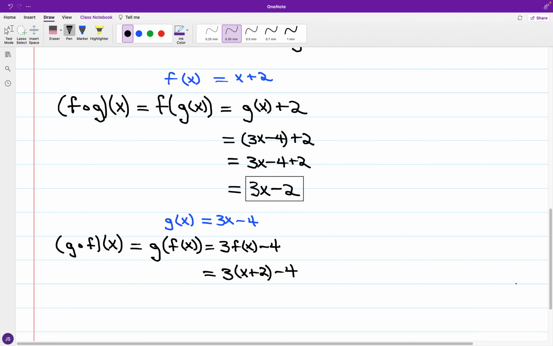And looking at the follow through, we have 3 times the quantity x plus 2, so this would be 3x plus 6, and taking away 4. For the resulting composition, that is going to end up at 3x plus 2.